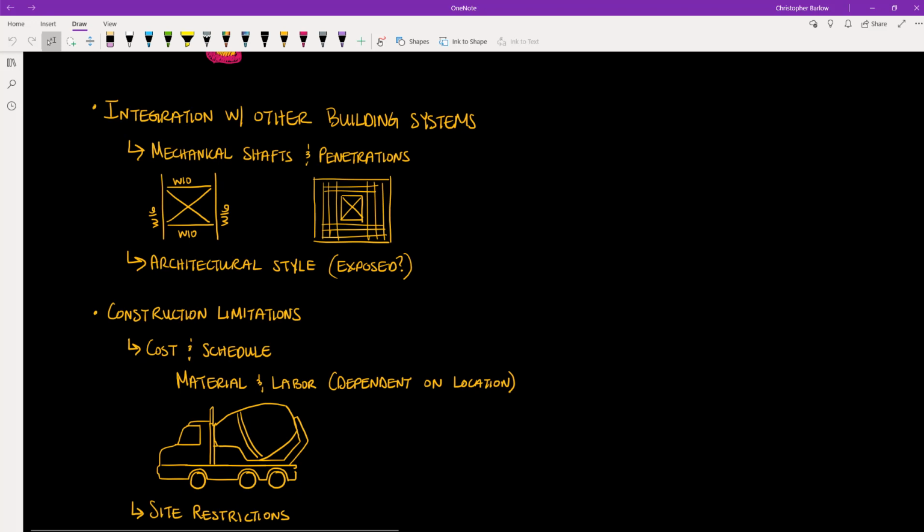So up next we have integration with other building systems. And the two key ones here are integration with the mechanical, which I'll write out actually as MEP. So that includes mechanical, electrical, and plumbing.